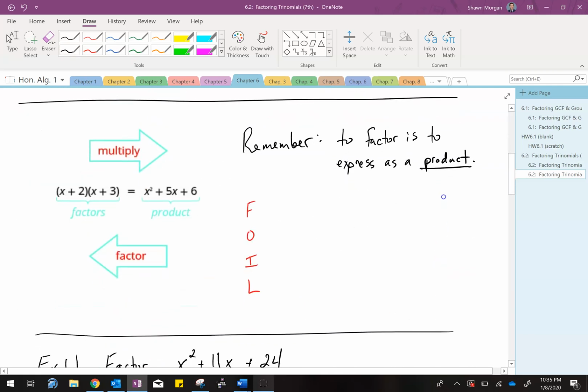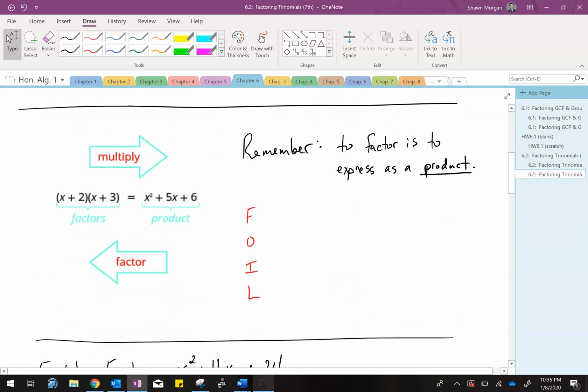I want to remind you that to factor something is to write it as a product, as we've talked about. And in the second warm-up question, we discussed this concept of FOIL: first, outer, inner, last. And in this picture, you'll notice that as we do a FOIL, x times x produces the x squared, which is our first term of the trinomial. And then when we do our outer and our inner, that's where we get that linear term in the middle.